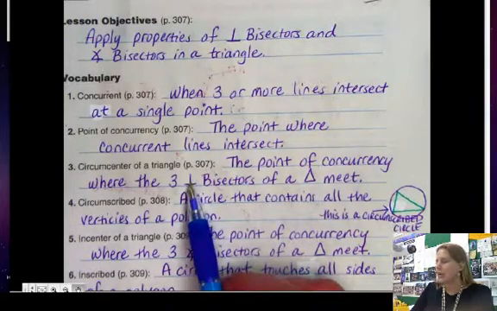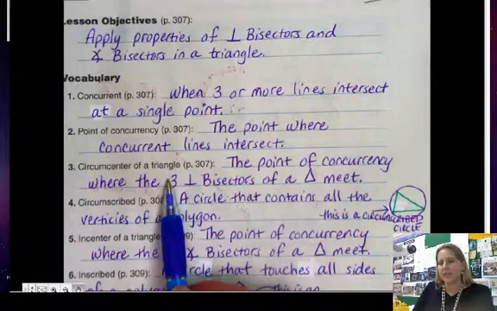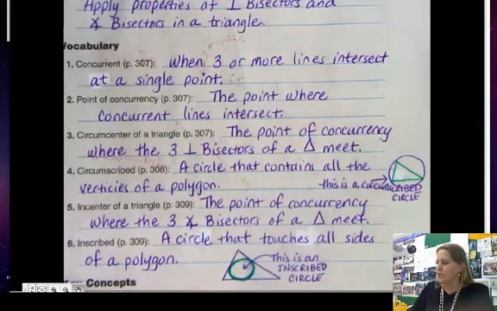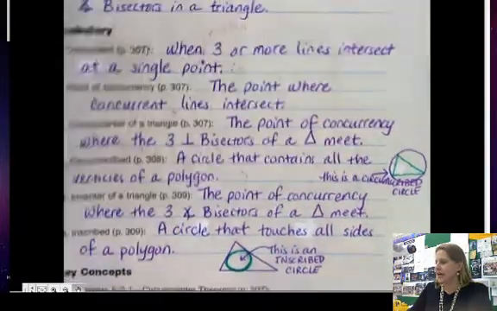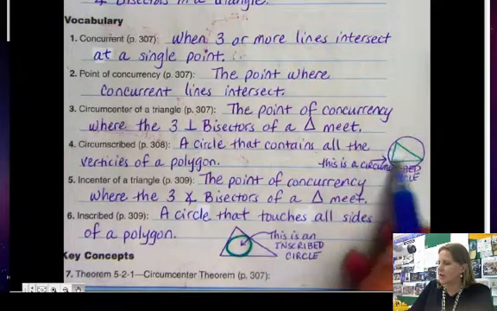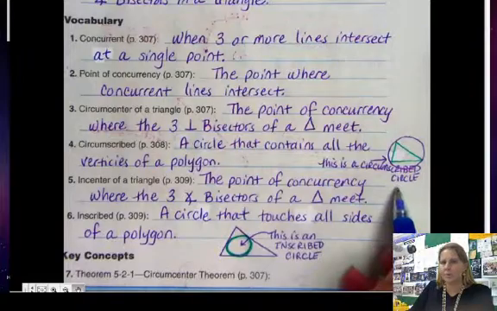What happens is we create a circumscribed circle about the triangle, because this circumcenter is equidistant from the vertices, and we'll do an example of that in just a minute. So circumscribed, as I said, that's when the circle is touching all the vertices of the triangle. So this is an example of a circumscribed circle.